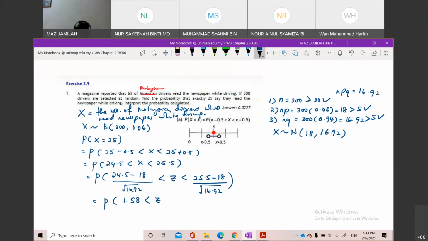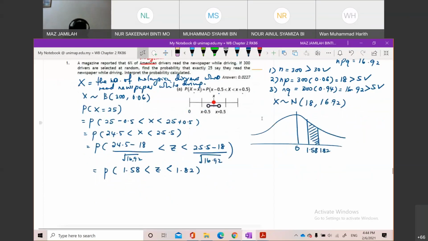So P(1.58 < Z < 1.82). If you draw 0, 1.58, 1.82, the probability is the largest part of the area, from 0 until 1.82 minus from 0 until 1.58.